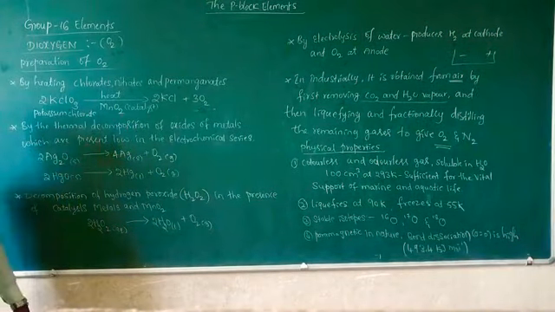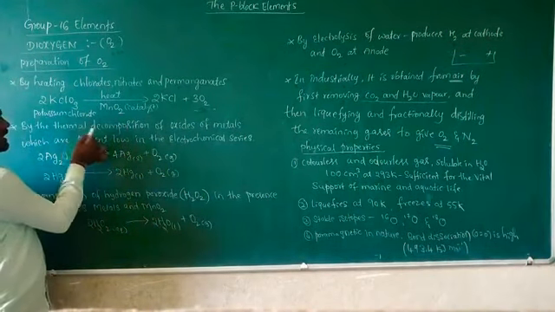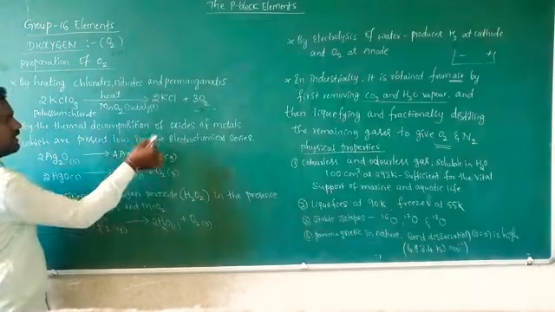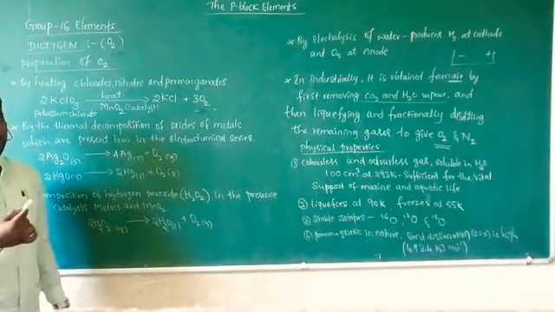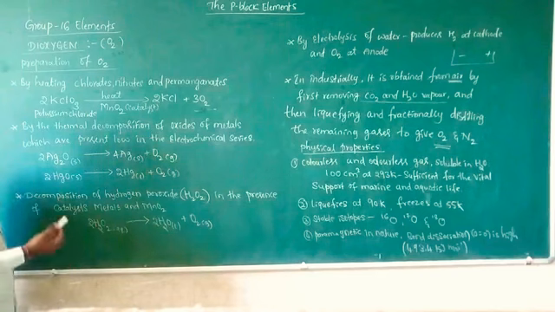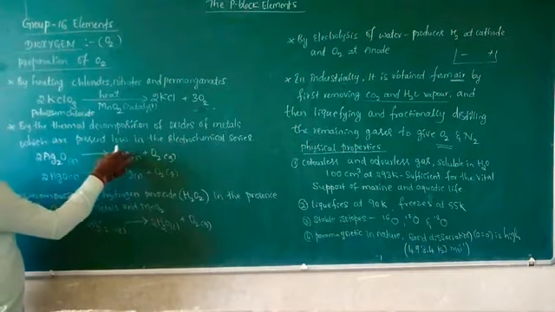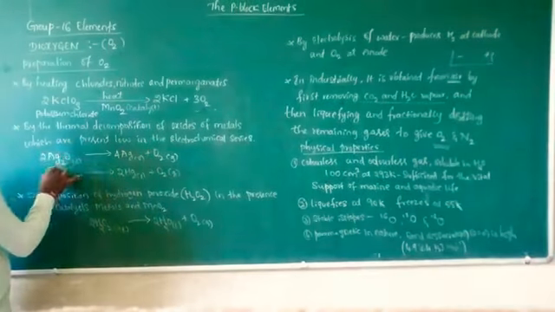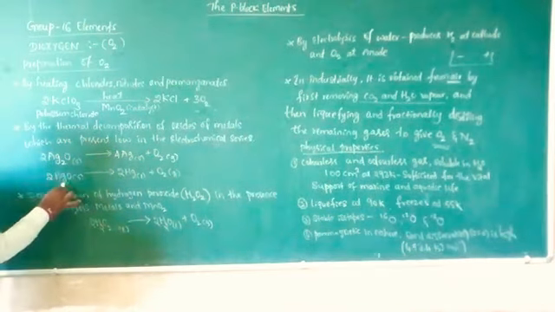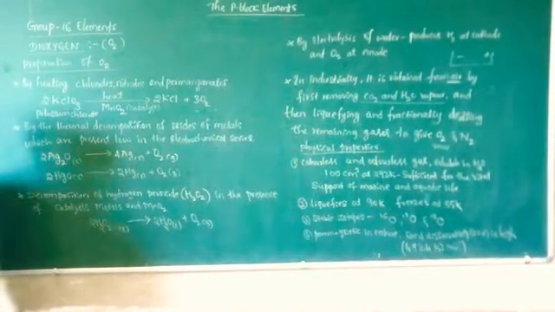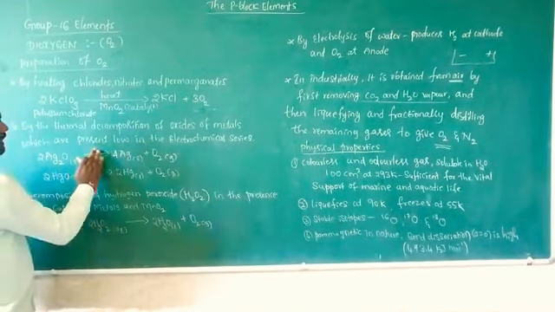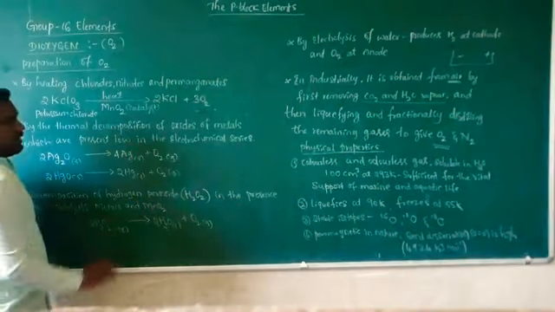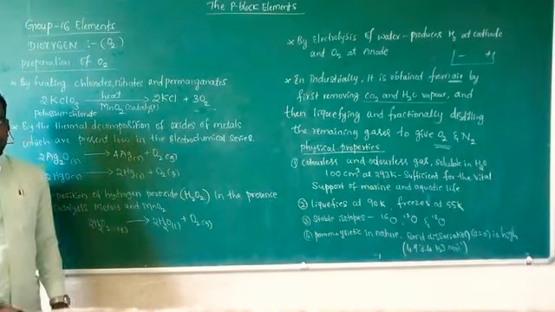Number 2, by thermal decomposition, by providing heat, of oxides of metals that are present low in the electrochemical series, such as mercuric oxide and silver oxide. They convert into metal plus oxygen.